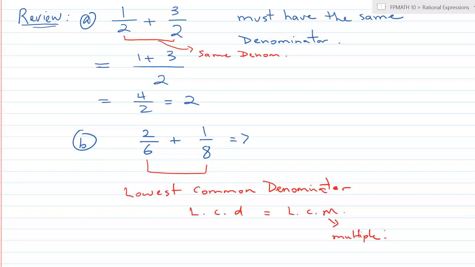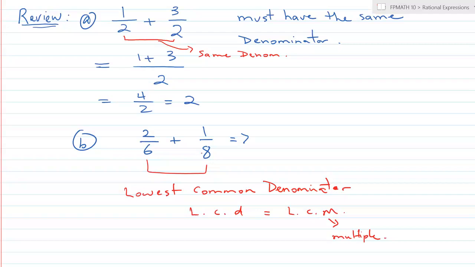Same idea: the smallest number that 6 goes into and 8 goes into. We want the lowest common denominator or lowest common multiple. If you look at the multiples of 6 and the multiples of 8, whichever value is common to both, that would be it.